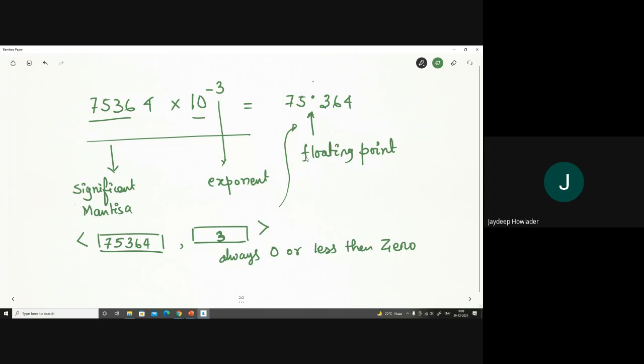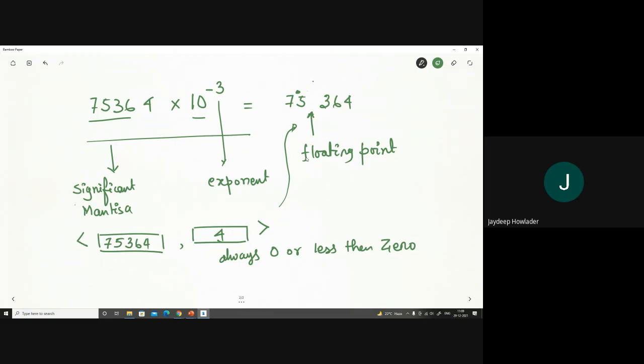Okay. So now if you change the value from 3 to 4, or 3 to anything, then these floating points are basically floats. It is moving, so it moves in this position, and we have the representation of the number 7.5364.